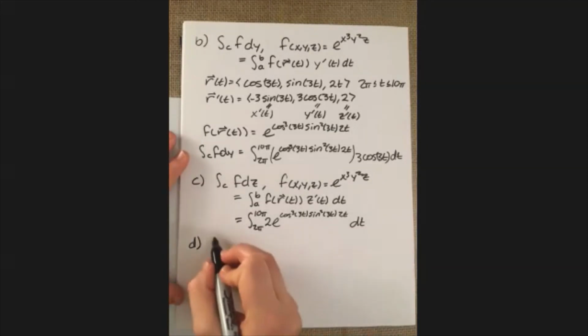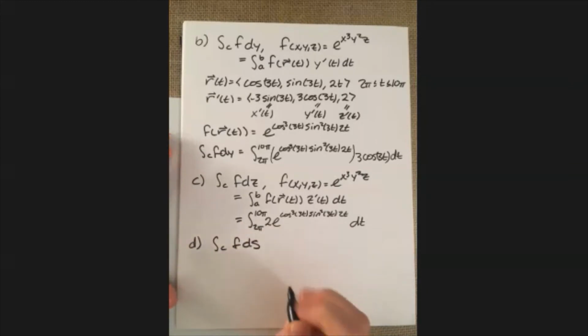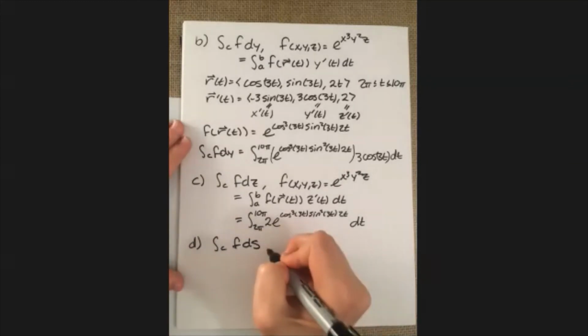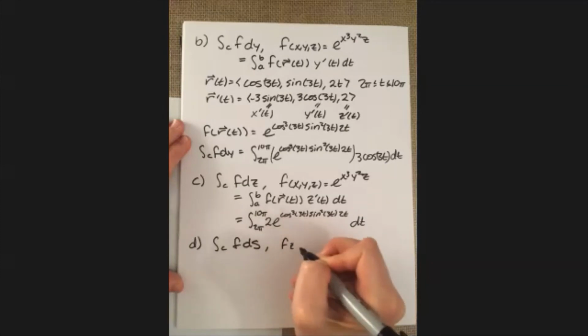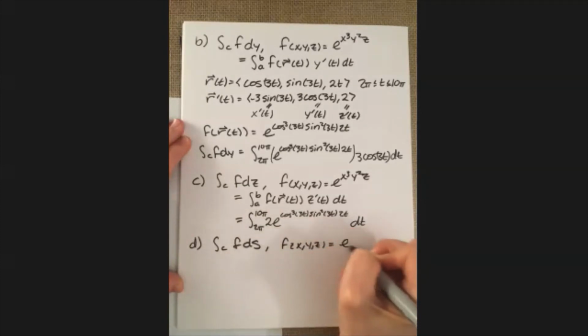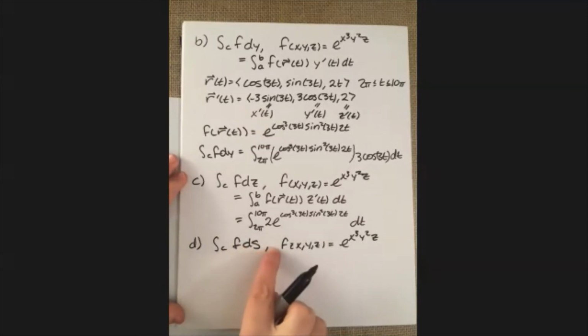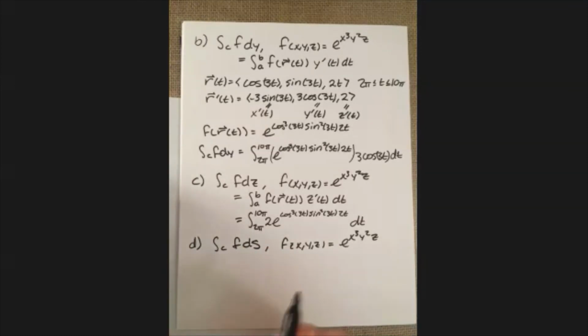Okay, part D, integral over the curve of f ds. F is our same function, f(x, y, z) equal to e to the x cubed y squared z. And this time we care about the whole change in the curve, both ups and downs and side to side and all that stuff.